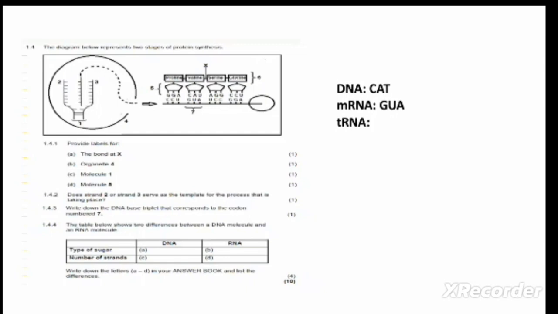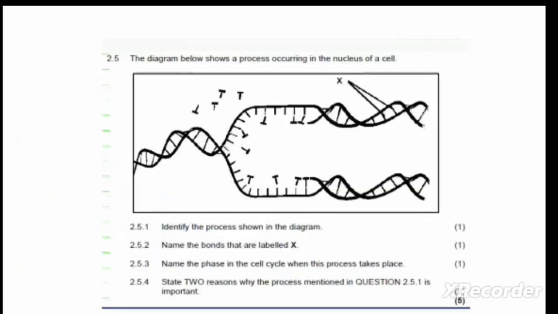So let's look at the next set of questions, and the diagram below shows a process occurring in the nucleus of a cell. So if you look at this diagram, we can see a DNA molecule unzipping, and then it says identify the process shown in the diagram.